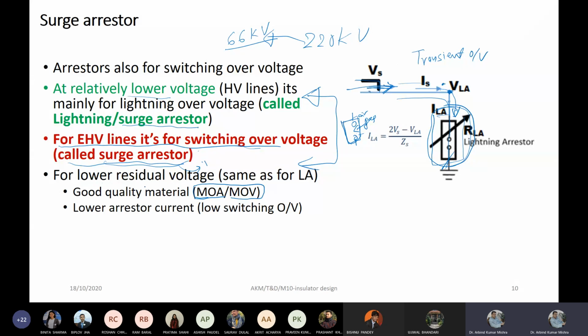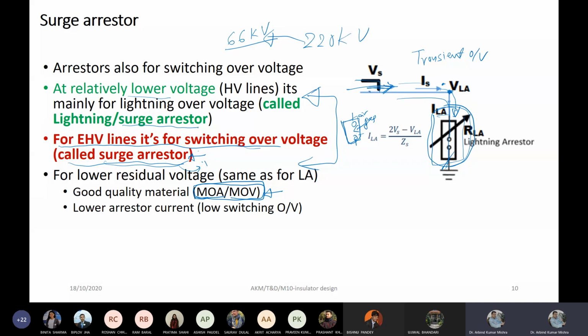So for lower residual voltage, this is for the surge arrestor. Surge arrestors often use the metal oxide arrestor. Whenever I now say surge arrestor in electrical equipment, it is for protection against both switching over voltage as well as lightning over voltage. In the evolution of the power system, the voltage level of any utility goes on increasing.